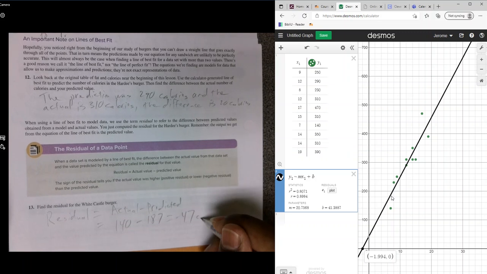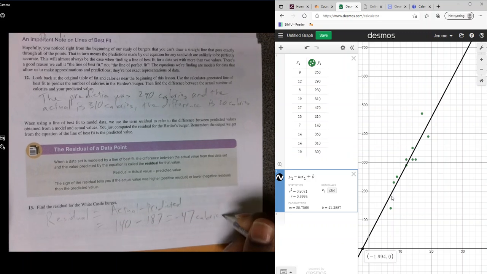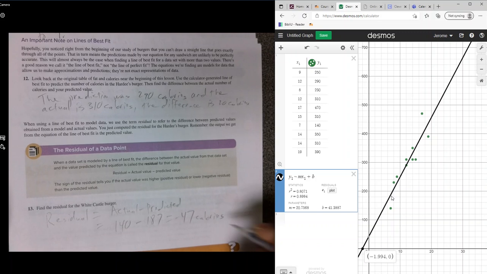Okay, so now we just finished section 2.5, and now we're about to go to section 2.6. So let us go on over to lesson 2.6.